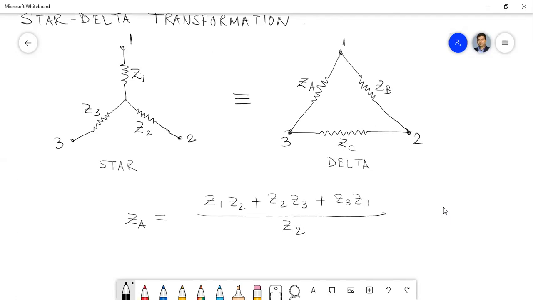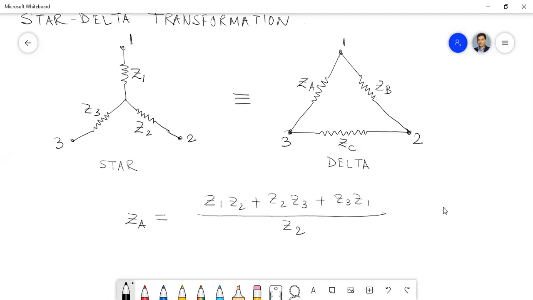Often if it is a delta, and we take it to star, we see that the resistances come into series. Sometimes it is in star, and we take it to delta, and we will see that the resistances come into parallel or series. It will help us to solve the circuit in an easier way. So therefore we are discussing this transformation, star delta and delta star.